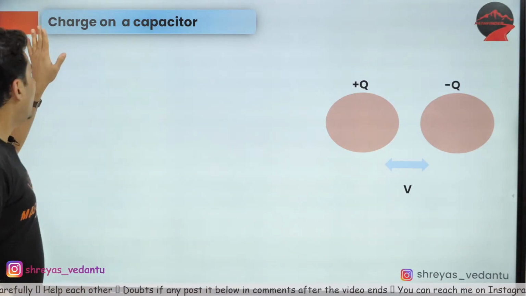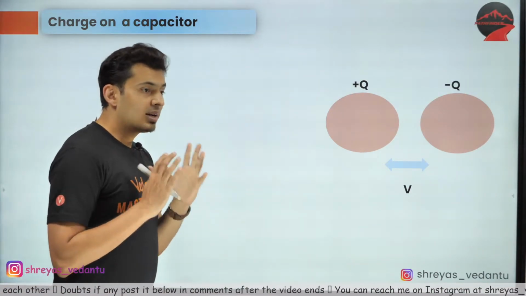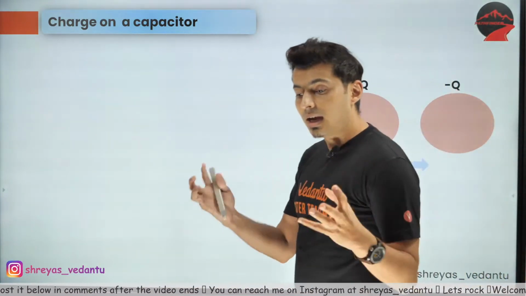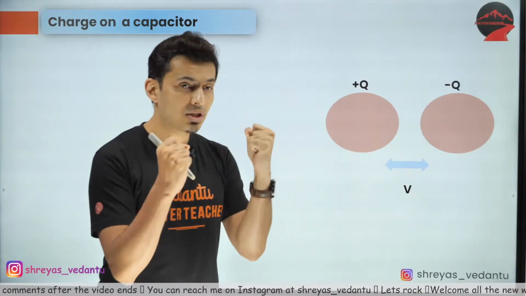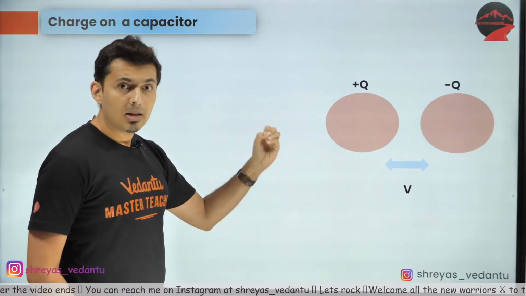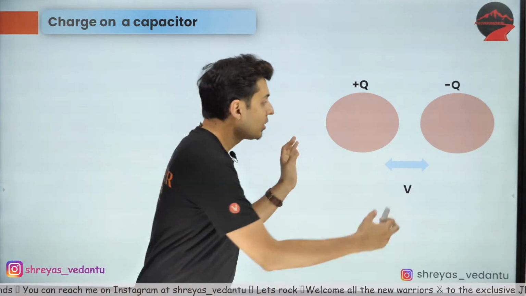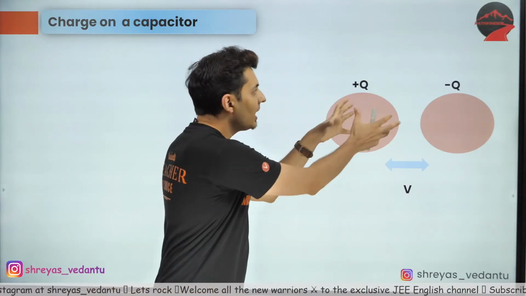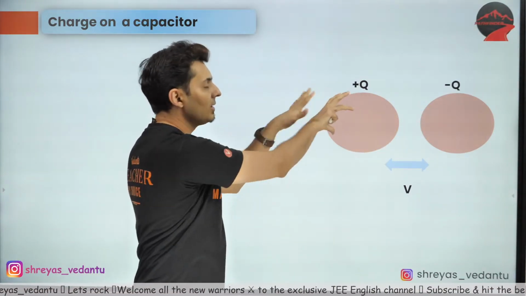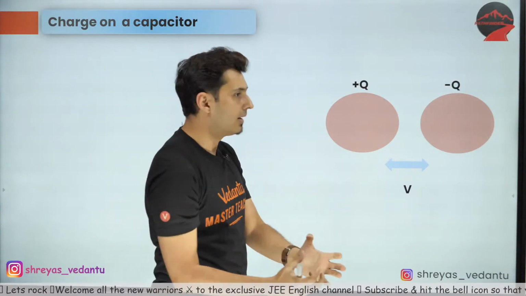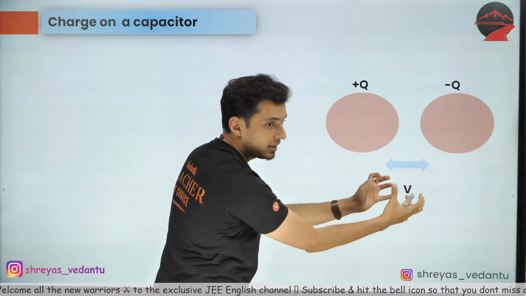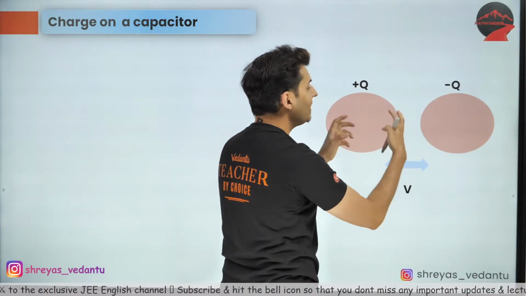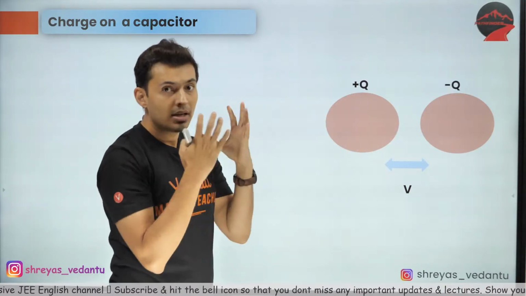All right. Charge on a capacitor. See, what is a capacitor? A capacitor is nothing but a device which stores charge and energy. The charge stored on the device depends on the shape, size, and how much voltage you apply. When you have two conductors, you take out some charge and put it on the other conductor with the help of a battery of voltage V. There will be some field and some energy stored in that device.